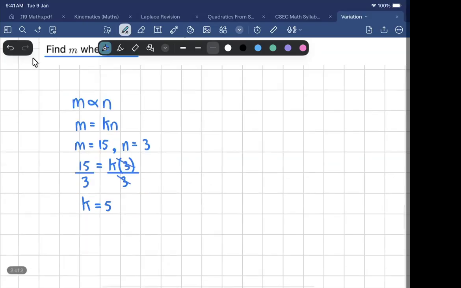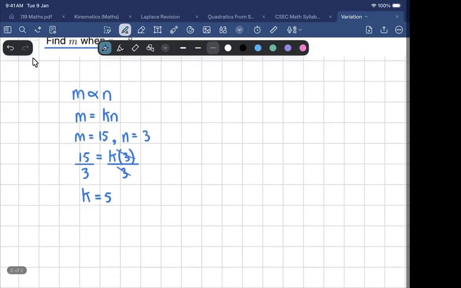So if I know k is 5, what is my complete relationship? What is my relationship here? K is equal to... no, I'm asking for the relationship, the full relationship.